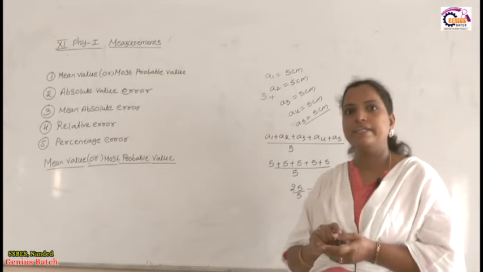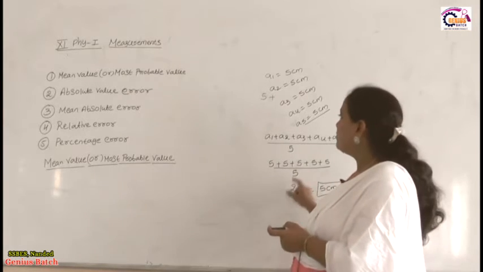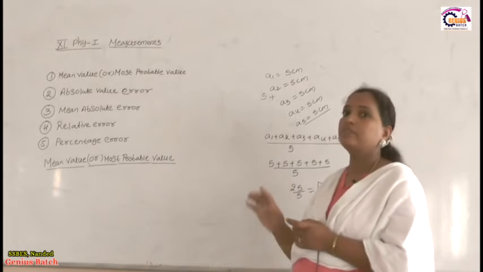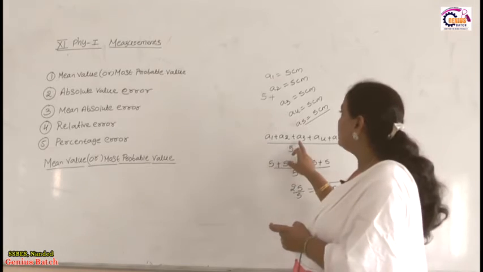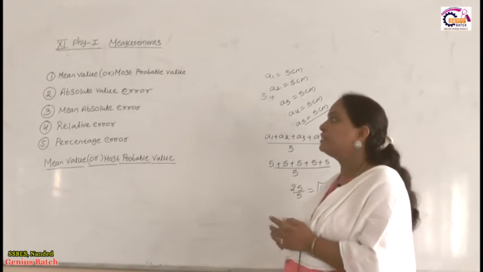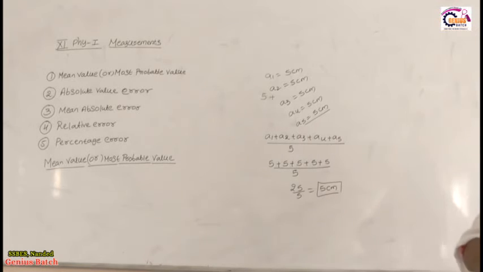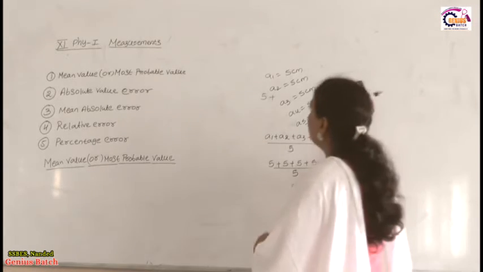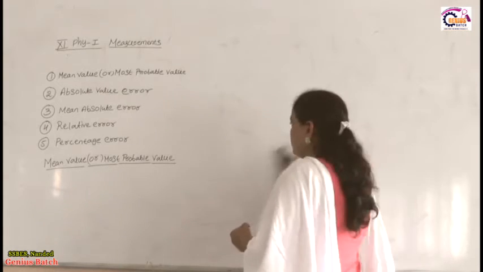The length of this marker is again 5 centimeter. So the mean value is the arithmetic sum of the values upon the number of values, and it is called the mean value or most probable value.